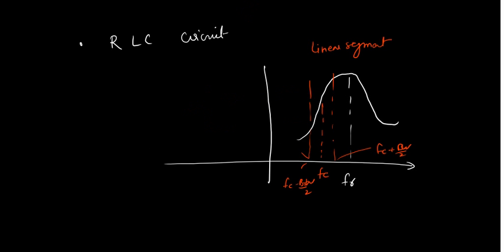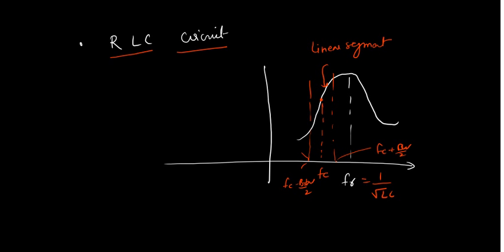Similarly, an RLC circuit, if you remember, is a resonant circuit whose resonant frequency is this. It will also have a linear segment here. So we can use this device also for FM demodulation, and we can set the carrier frequency at the center of the linear segment.